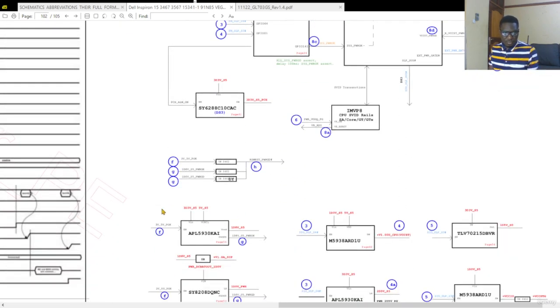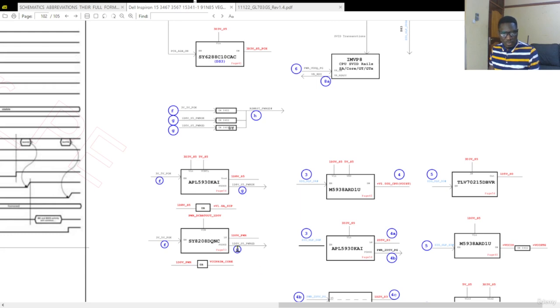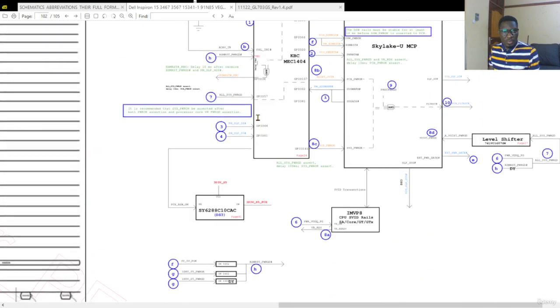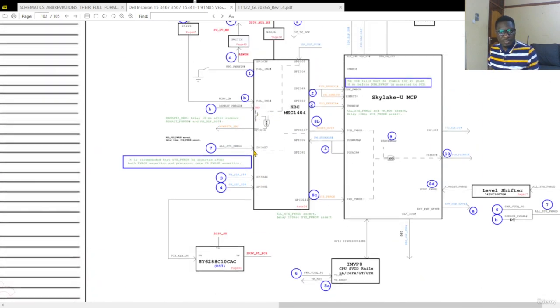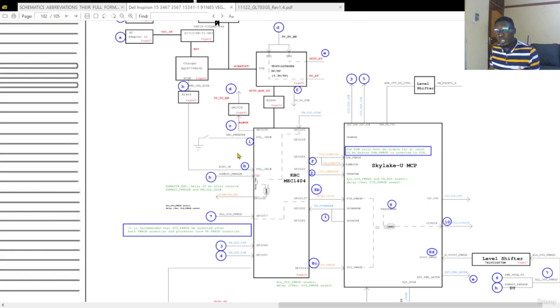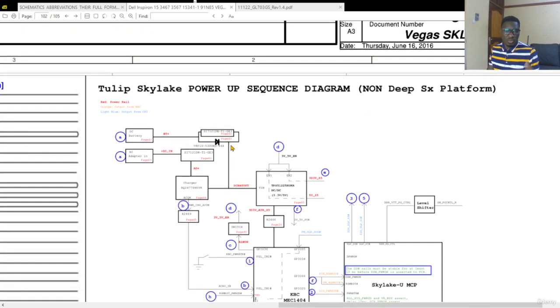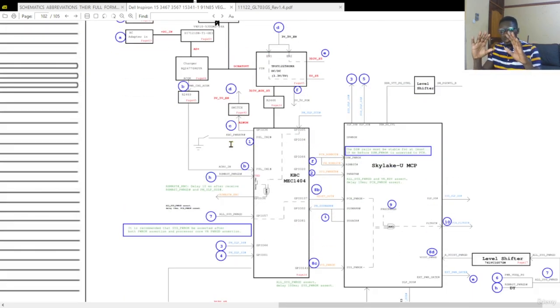Yes. Does F come to these chips to make these voltages which are on D? Yes. If it's okay, do they come here to make this RSM power good back to the chipset? Yes. If all those steps are there, then the only thing that a motherboard will be waiting for is the power button. So that is what they call a power up sequence. This is the main guidance on how to use the schematics to solve issues.